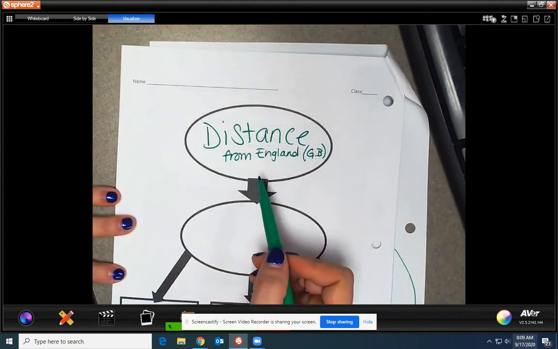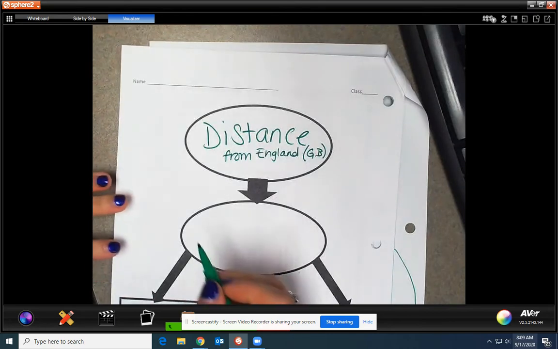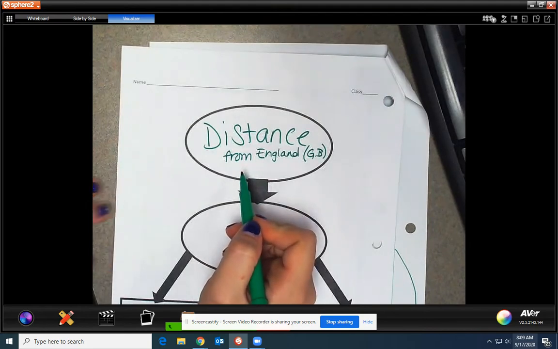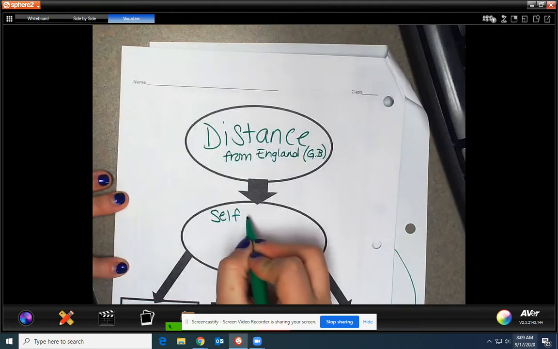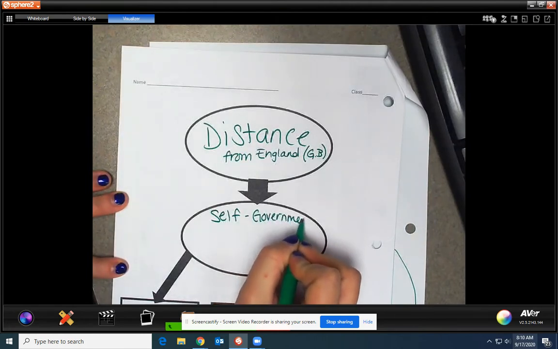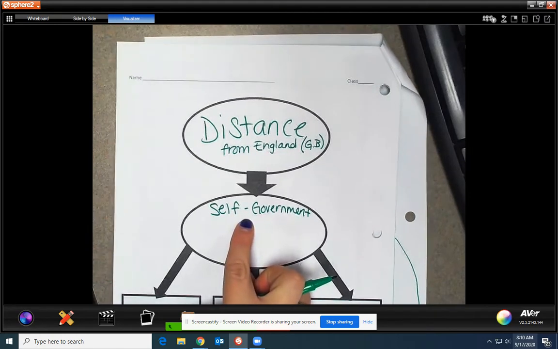So what kind of governments do they start to create? Well, let's start with they're going to govern themselves, not have England govern them from across the Atlantic Ocean. So they're going to have self-government. But while deciding to govern themselves, as the colonies develop, they say, you know what?